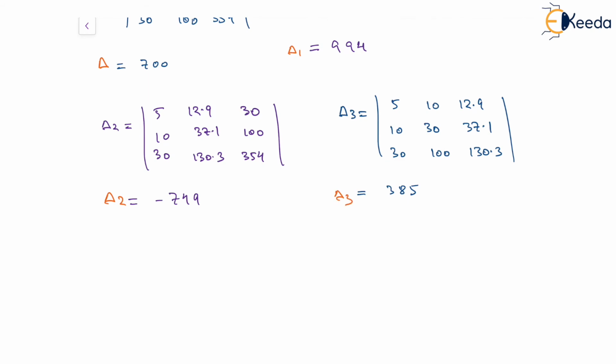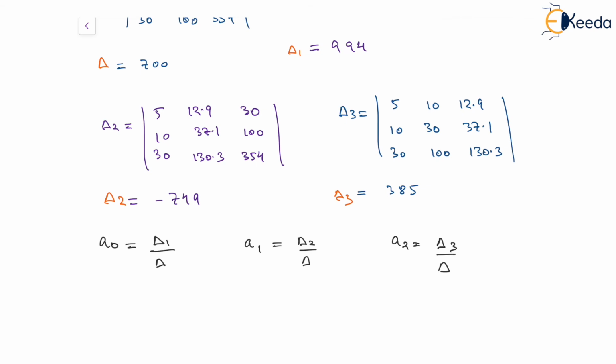With this we can find that the value of A naught will be equal to del 1 over del, A1 will be del 2 over del and A2 will be del 3 over del.